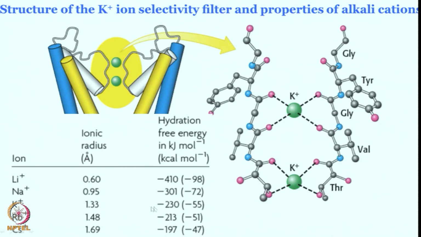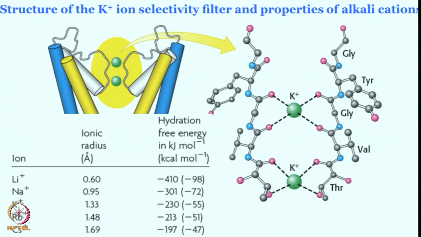Potassium on the other hand is in the middle, which has moderate hydration energy and moderate size, which is perfectly matching for passage through the channel, and the size is absolutely fantastic provided it can lose the water molecules and can interact with this protein residue, which is feasible in this case but not feasible with lithium and sodium. Therefore, they are missing out the fun of passing through this potassium channel. So, the selectivity can be answered this way.